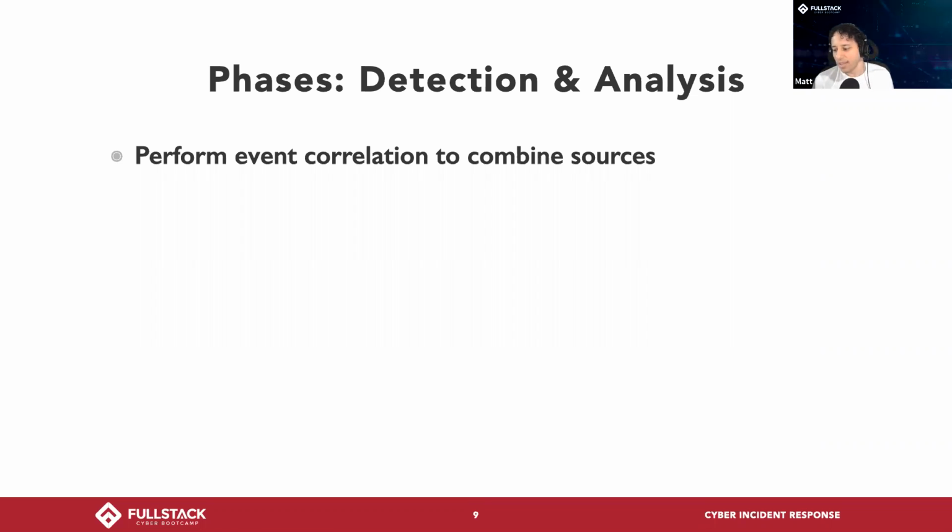What's the number one tool we're going to be using for this event correlation and combining sources? SIEM. Yep. Use a SIEM. That's what we're going to be using for correlating all this evidence, putting up the strings and matching who did what at what time.